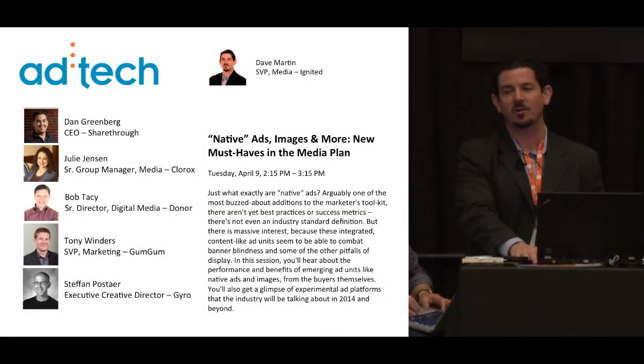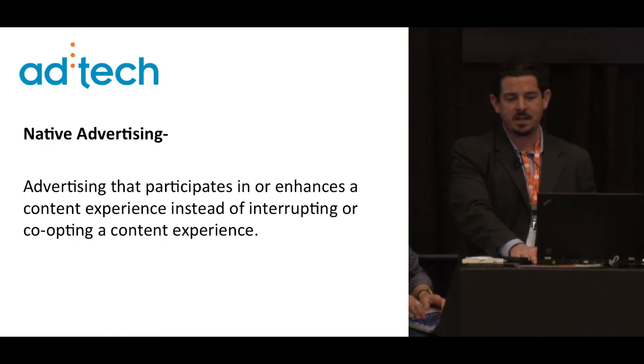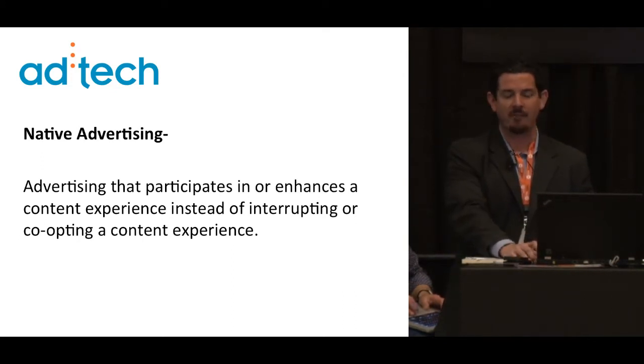There you go. But native ads, really, the definition, I've talked to a lot of people and I've heard a lot of different definitions, but I came up with one I like on the plane this morning. I'm calling it advertising that participates in or enhances a content experience instead of interrupting or co-opting a content experience. So the keywords here are advertising.